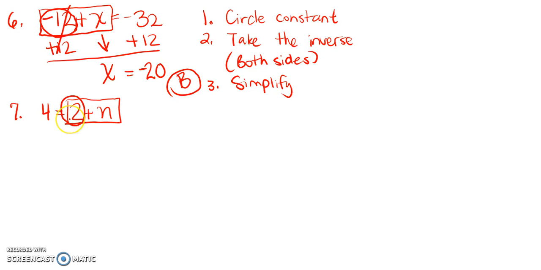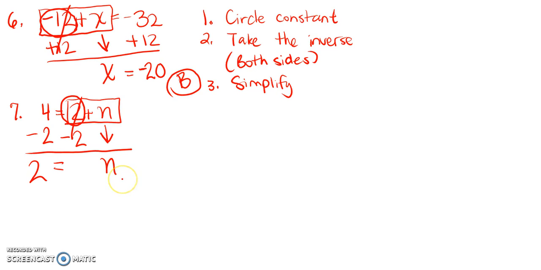Negative numbers are the only ones that actually have a sign in front of them. But this is a positive number, so I'm going to take the inverse. I'm going to subtract 2 on both sides. Bring down the n because I'm simplifying, and 4 minus 2, of course, is 2.